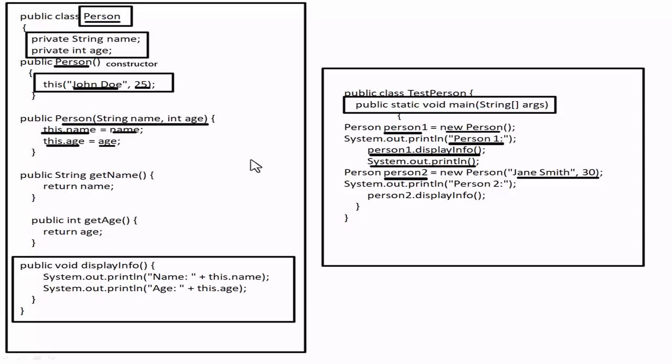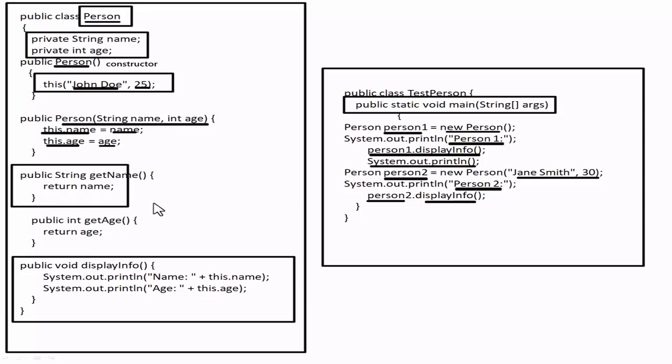Now you call the person2 details. Person2 is an object, and displayInfo is again a method that displays the information. This displayInfo has name and age. Where is it set?